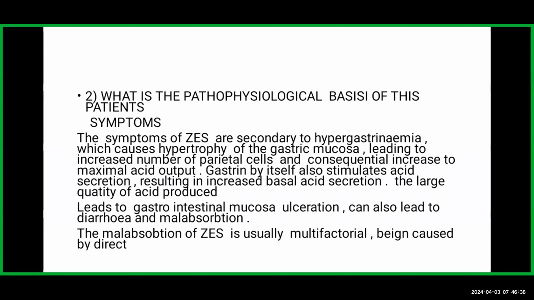It's not something we see often, but if you read it, it will stick because it's just classical. Once you see the question, it will come to your mind that this cannot be PUD. Some people mention PUD, but it couldn't be PUD. This must be Zollinger-Ellison syndrome.